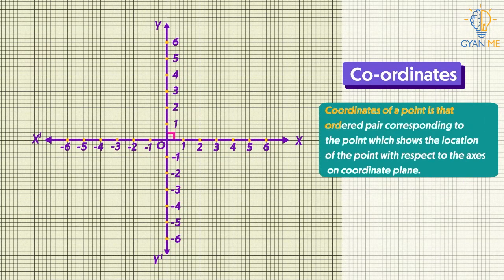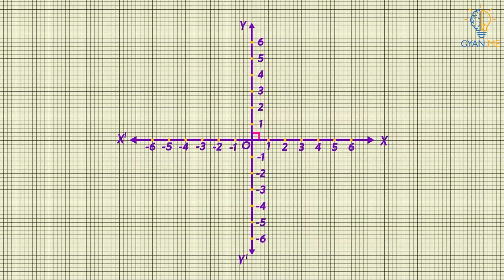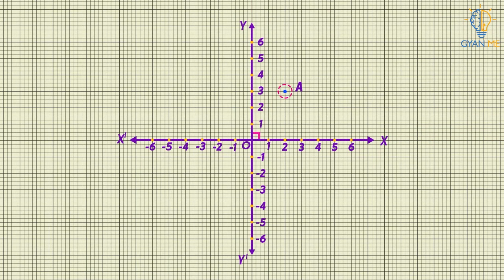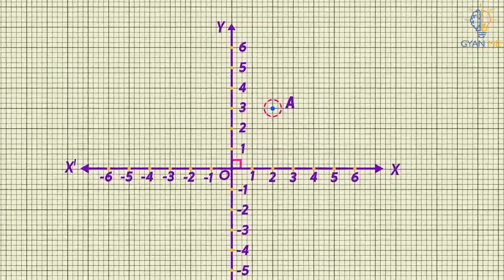Coordinates are pairs of numbers written to show the location of any point in a plane. For example, if we take point A in a coordinate plane, we can see it is located in quadrant 1. Now if we want to locate it, how do we do that? Yes, you are right. By looking at the numbers on the x-axis and y-axis, we can find its location.